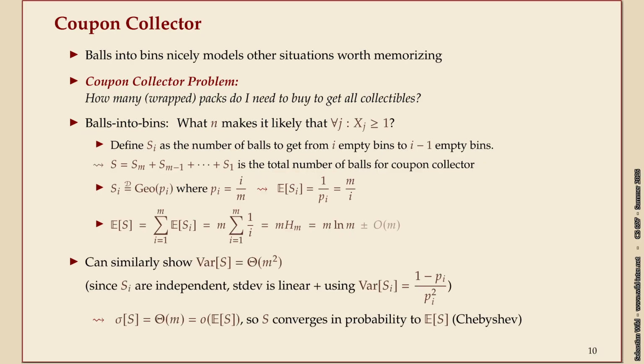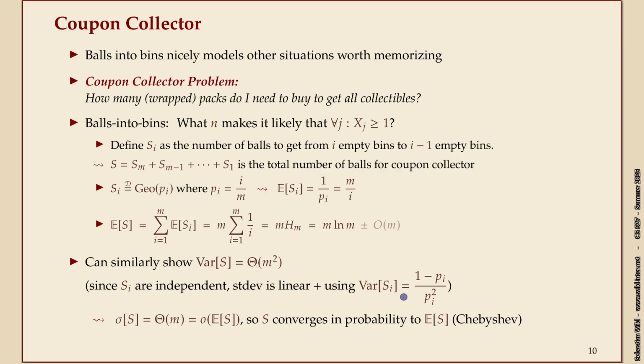This you've probably seen before. You can also compute the variance in roughly the same way, because these S_i are independent. They're not identically distributed, but they're still independent. And so the variance of a sum of independent variables is the sum of the variances.